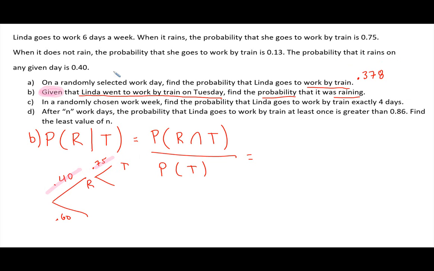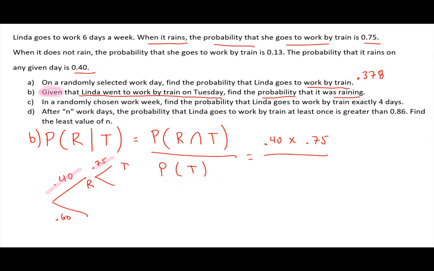The probability of rain was 40%, and when it rains, the probability that she uses the train was 75%. So we have 0.40 times 0.75 divided by the probability of her using the train, which we calculated from part A.